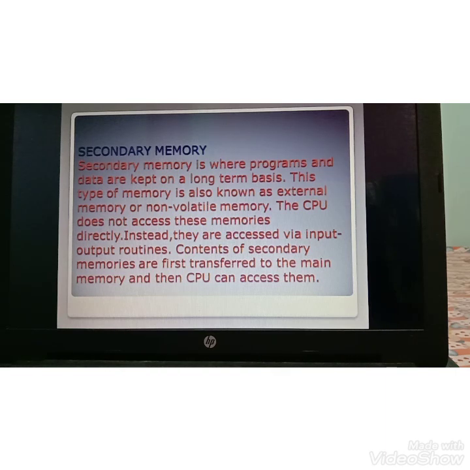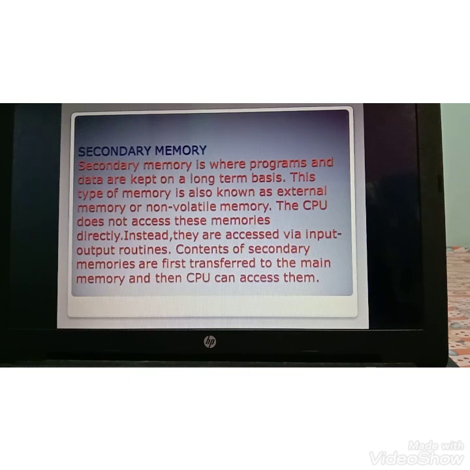In our last class we learned about the primary memory of a computer. Now we are going to learn about the secondary memory. Secondary memory is where programs and data are kept on a long-term basis, that means permanently. This type of memory is also known as external memory or non-volatile memory. The CPU, that is the Central Processing Unit, does not access these memories directly. Instead, they are accessed via input-output routines.